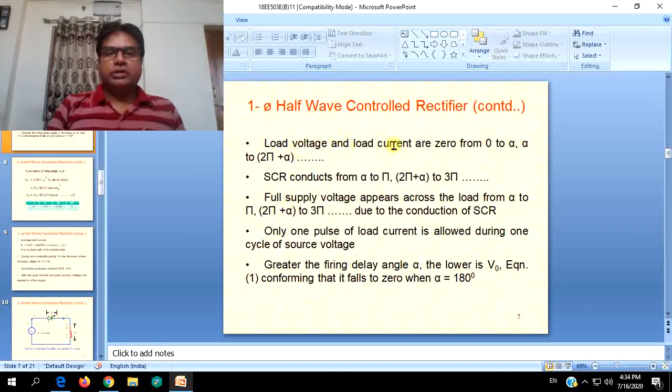So load voltage and load current are 0 from 0 to alpha. SCR is open.